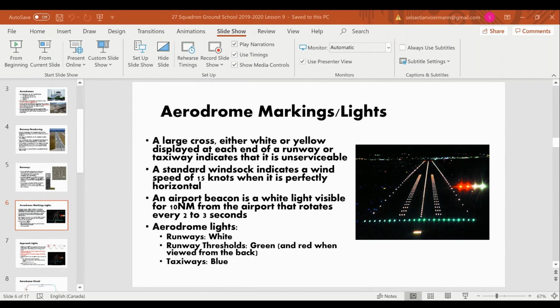The 180 degree reciprocal of that is 09. So instead of writing on there 270 or 090, they eliminate the last 0, so you only have two numbers per runway. Okay? Do you understand that? Yes or no, please? Let me know if that's all clear.